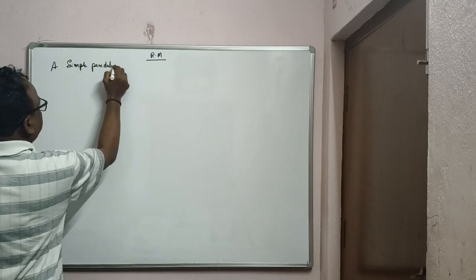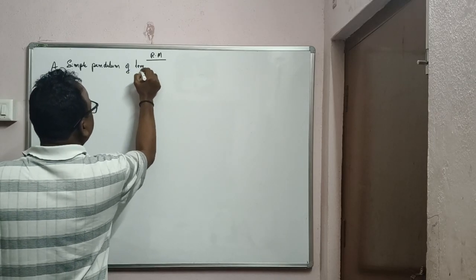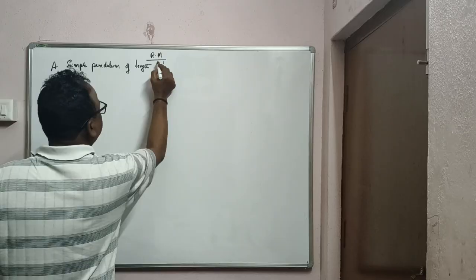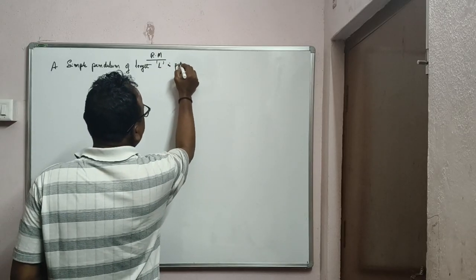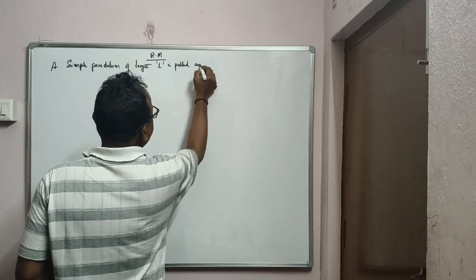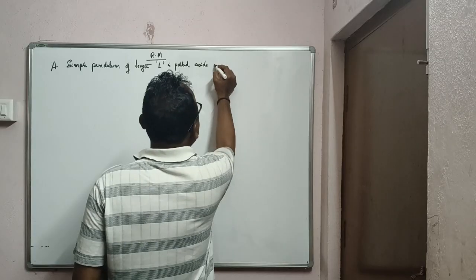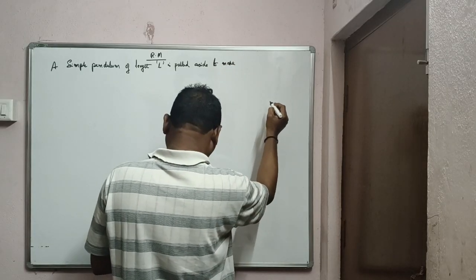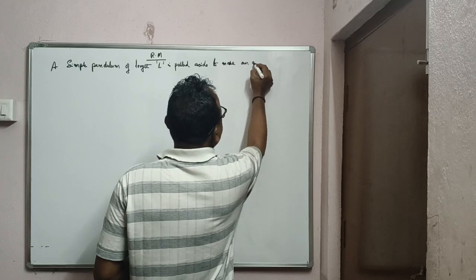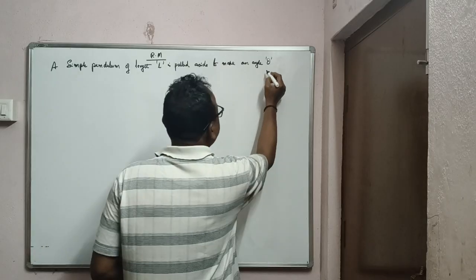A simple pendulum of length L is pulled aside to make an angle theta with the vertical.